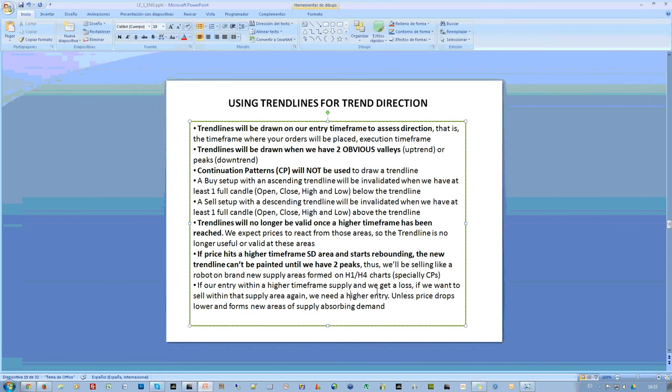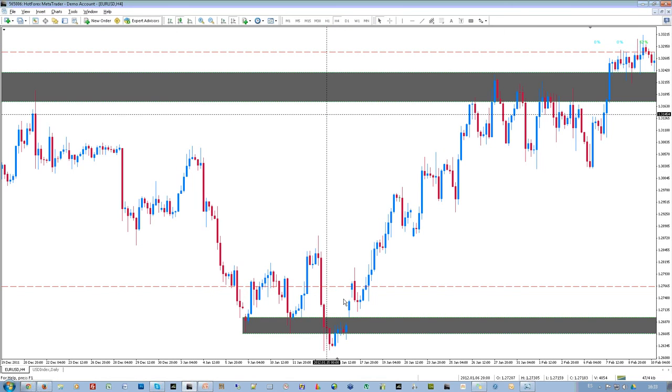Unless price rallies and forms a new area of demand, absorbing supply. This was an example, and we are on the opposite. So this trade was okay, and now this trade is not okay because we have already traded it. It's not fresh, so it is no longer allowed.